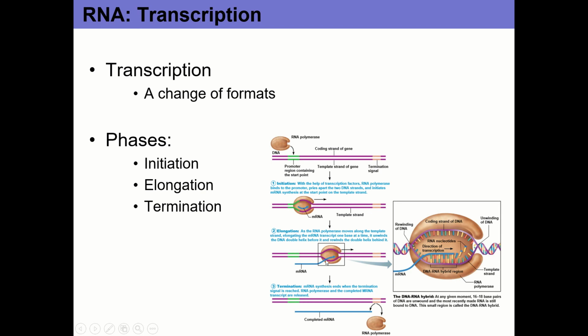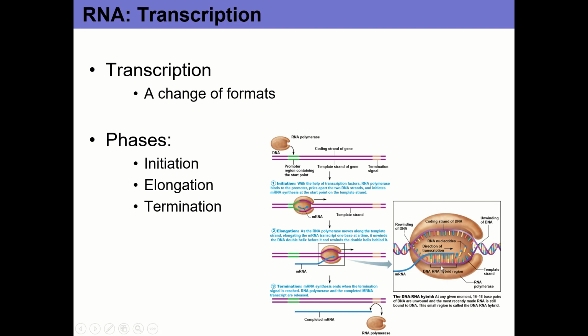So that is one set of instructions for building one protein. And so the RNA polymerase will run along this gene, copying down the information. I say copying, so it's going to assemble the complementary pairs to the template strand.